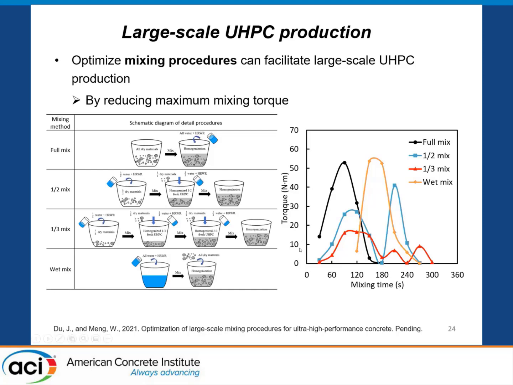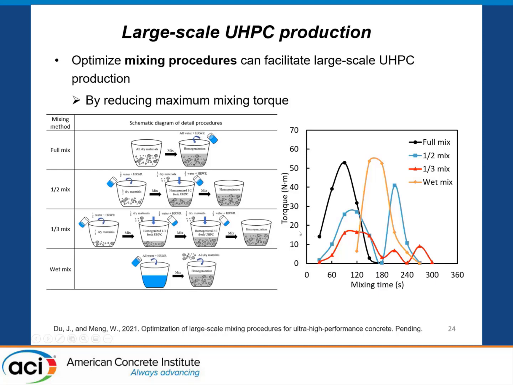But if you divide the whole raw materials into 3, which means you homogenize 1/3 of the raw materials first, and when it gets well homogenized, you add the second part and then the third part, as you can see, you can significantly reduce the maximum torque.